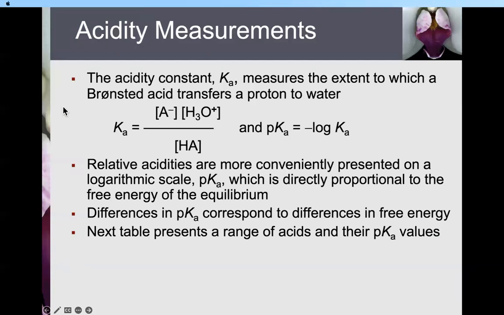So if small yung Ka mo, meaning yung pKa mo is larger, di ba? So meaning less acidic siya. Meanwhile, if mataas yung Ka mo, meaning yung pKa mo is smaller naman, so acidic siya. Acidic yung compound mo.